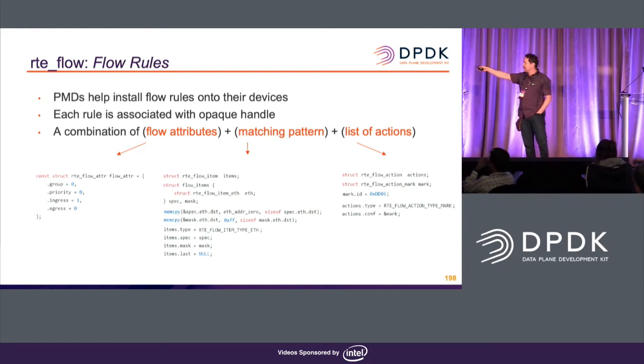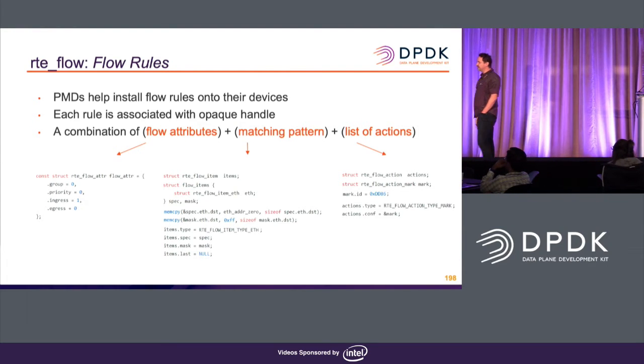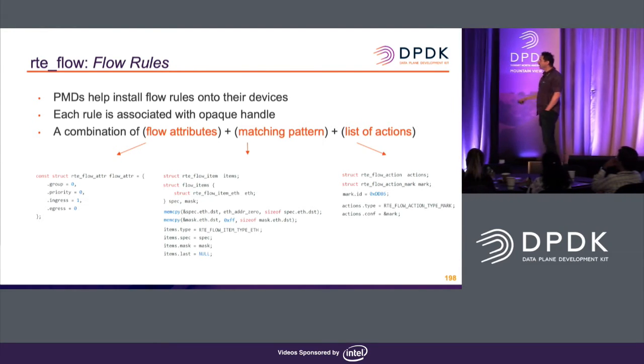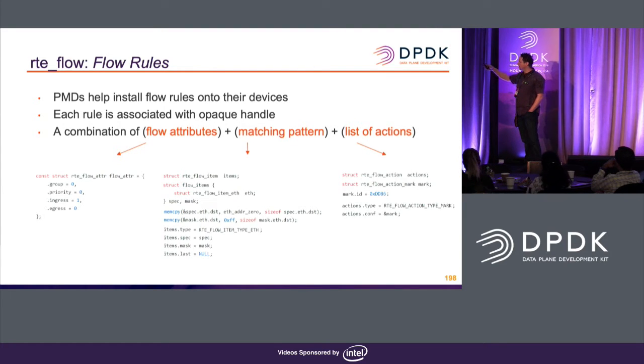Here in the middle block, we just created an Ethernet matching flow item. We grabbed an rte_flow_item object and added some Ethernet specification saying that all 0 addresses should be there with a mask of all 1s, and then added it to the list of items.